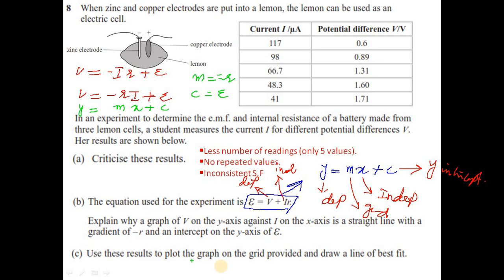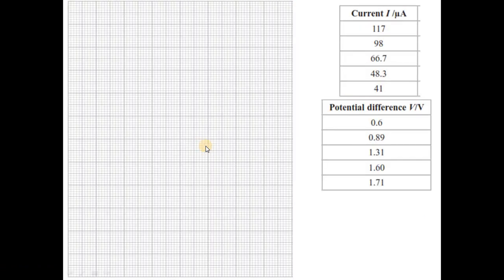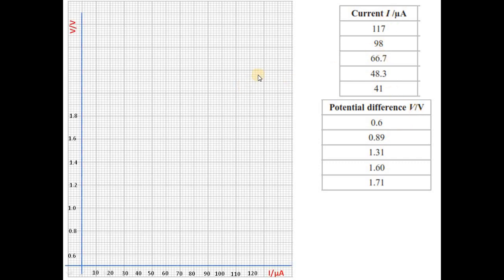Use these results to plot the graph on the grid provided and draw a line of best fit. This is the table, and you need to plot the graph. V must be on the y-axis, I on the x-axis. This is V in volts, this is I in microamperes, and this is a suitable scale.